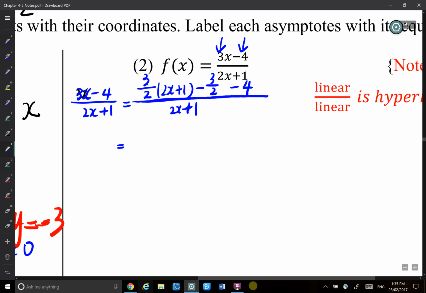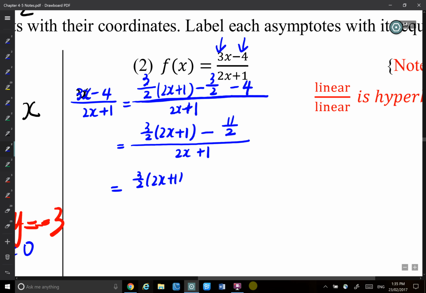So I have 3 over 2 times 2x plus 1 minus 11 over 2, because 8 plus 3 is 11, and the whole thing divided by 2x plus 1. Now I can separate that and subtract 11 over 2 over 2x plus 1.